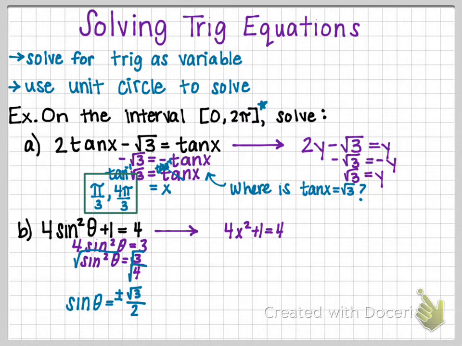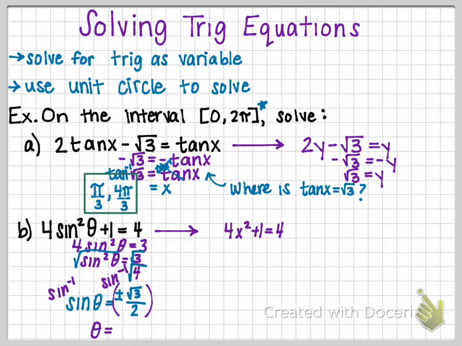So when we're going through and actually solving for theta, and we take the inverse sine of both sides, I need to know exactly positive or negative square root 3 over 2.